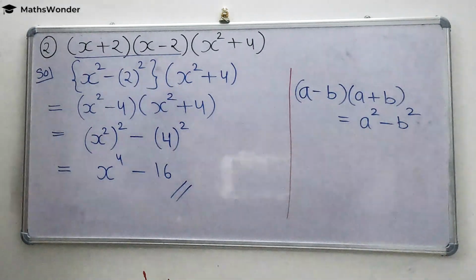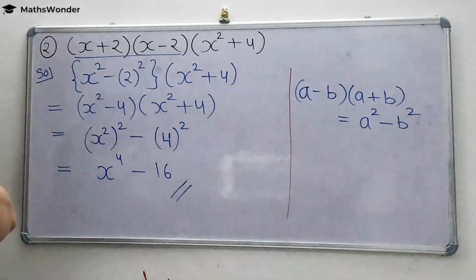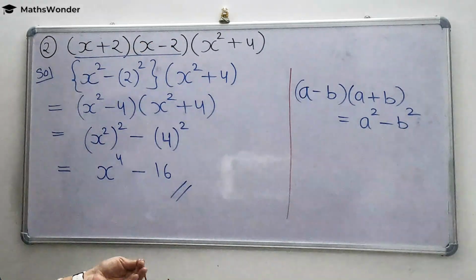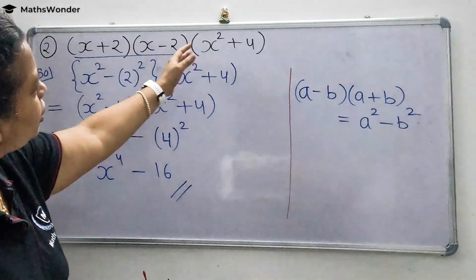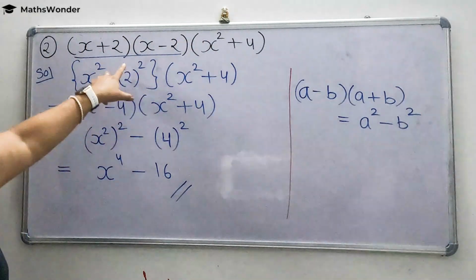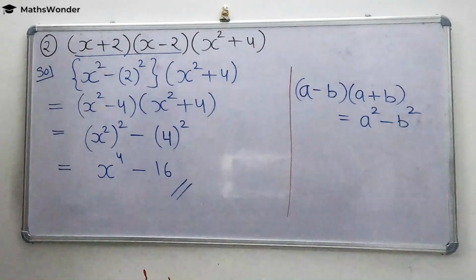Understood? So whenever we have the type of product, like find the continued product, you have to find the continued product. Always check which identity we can apply here. So check a and b part and then apply according to the question.